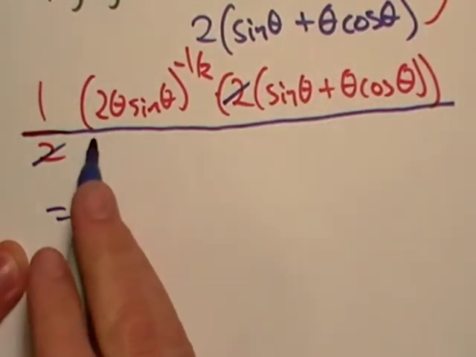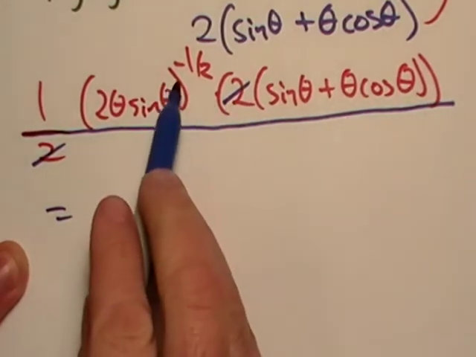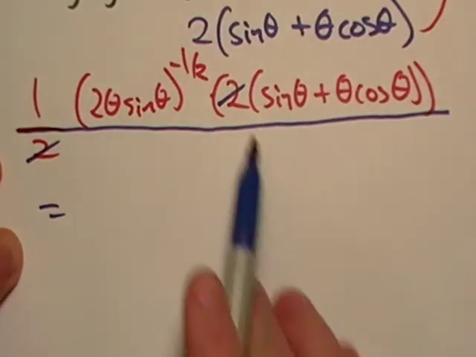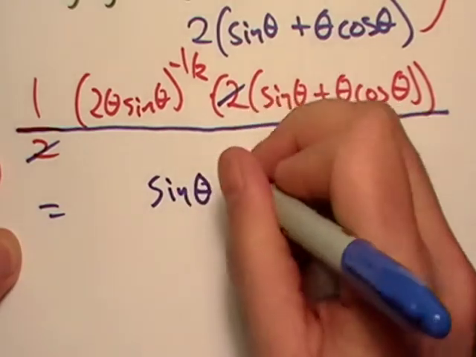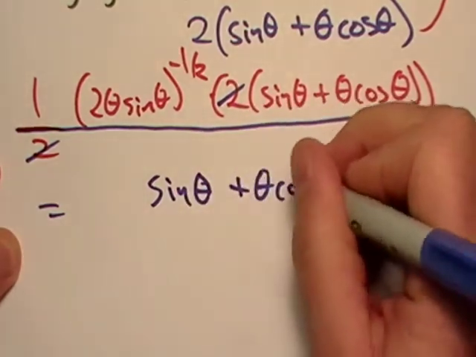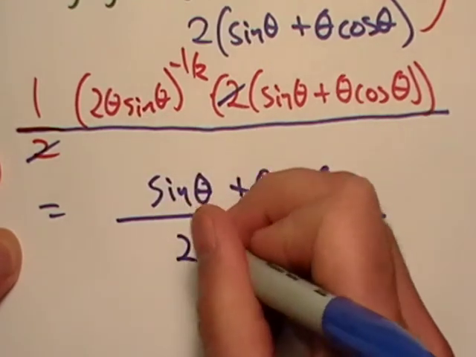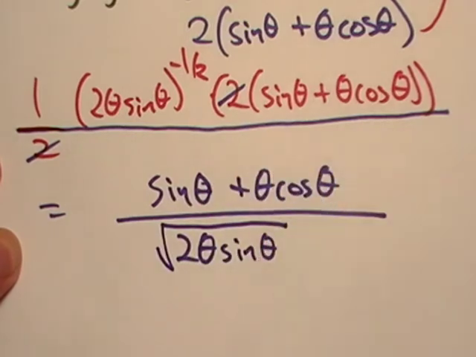And it looks like this is negative, so it's going to go downstairs to the denominator. So I'm just left with sine theta plus theta cosine theta, and that's going to be over 2 theta. Right there, final answer, derivative on that.